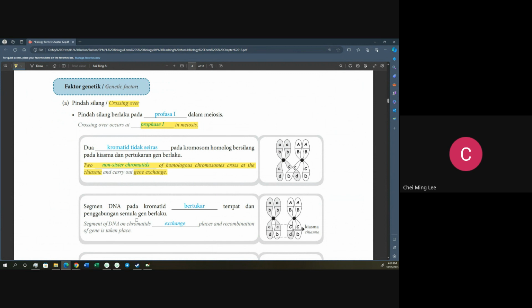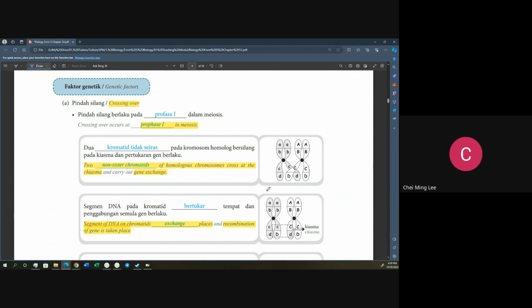Some segments of DNA on the chromatids will exchange places and recombination of genes takes place. This is the place where they're doing crossing over, so they will switch over among them.